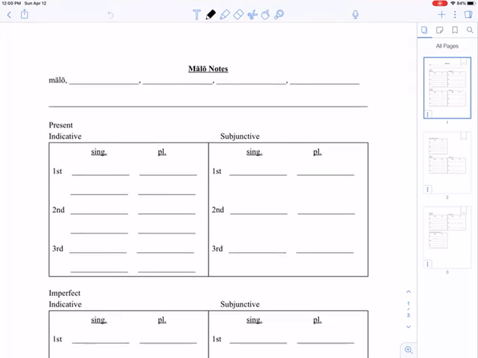Your second principal part is malle. Notice we have macrons over the A's. And then our third principal part is malui. Just like volo and just like nolo, we do not have a fourth principal part. And again, this means to prefer.